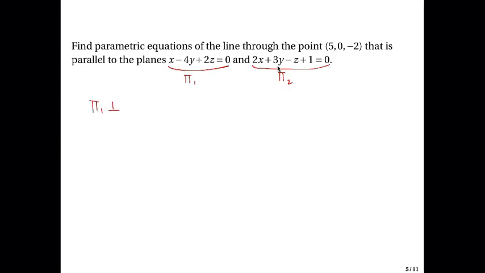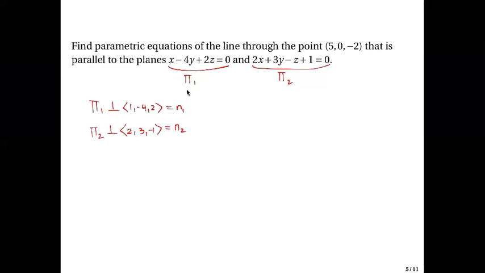This is perpendicular to the vector 1, negative 4, 2. And let me label this as n1. Pi 2, this is perpendicular to the vector 2, 3, negative 1. Let me label this as n2.